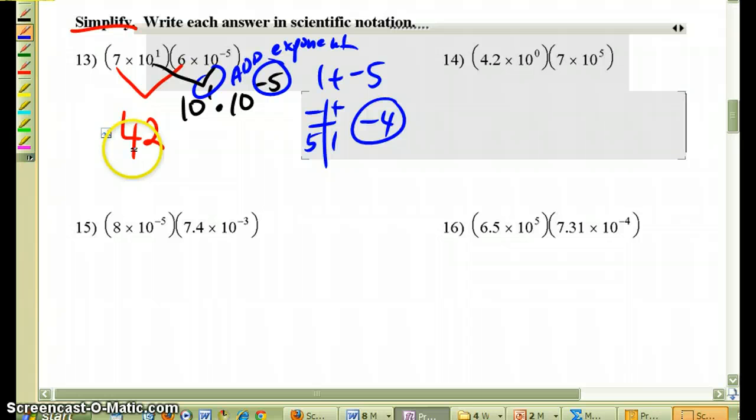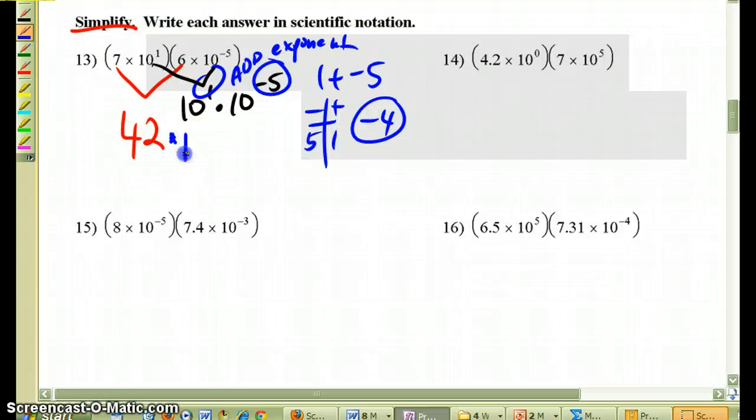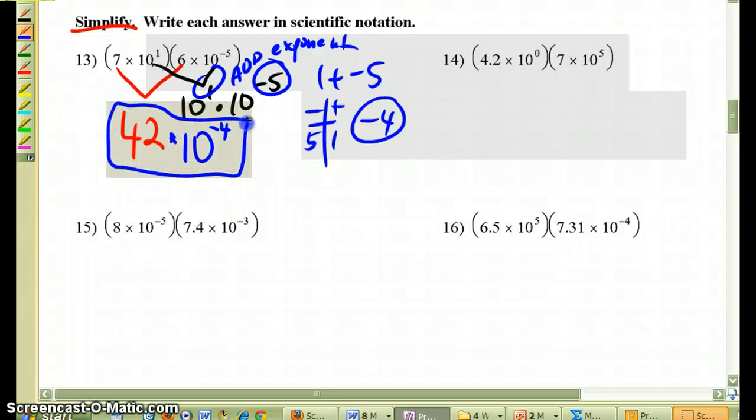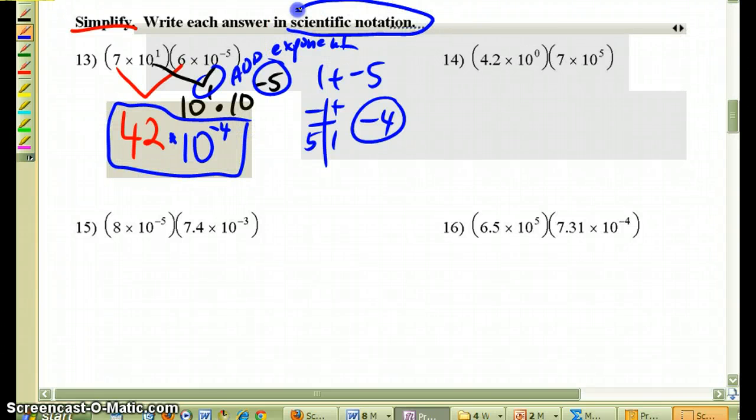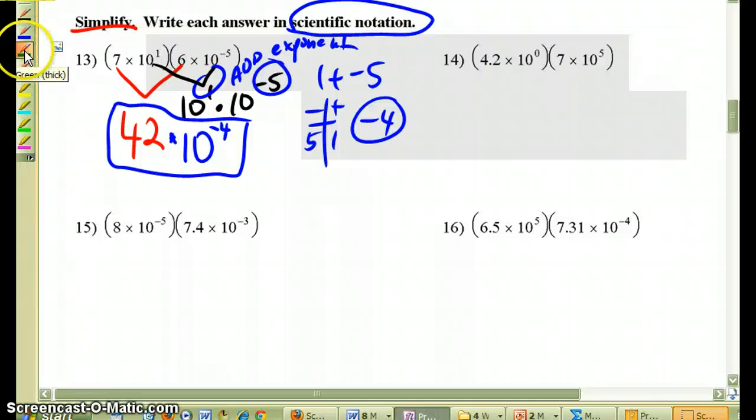So I'm going to have 42 times 10 to the negative 4th power. I'm going to leave it like that because I do want to write it in scientific notation, and that's not yet the answer, but I do want to work it out more tomorrow in class. So I'm going to just keep it like that for now.